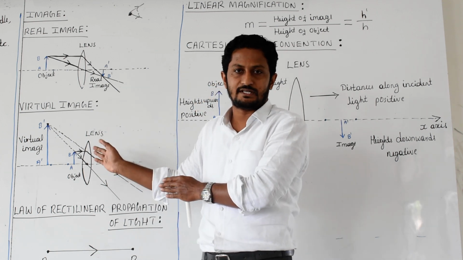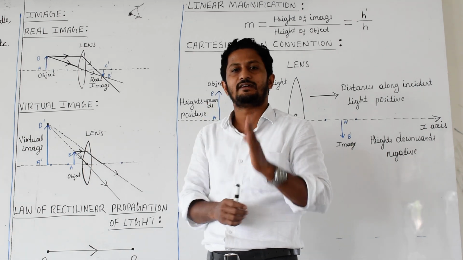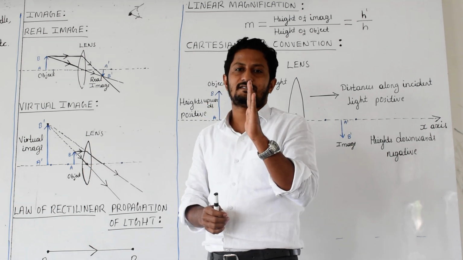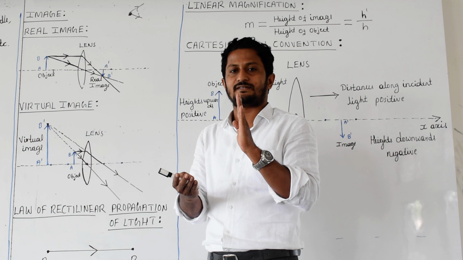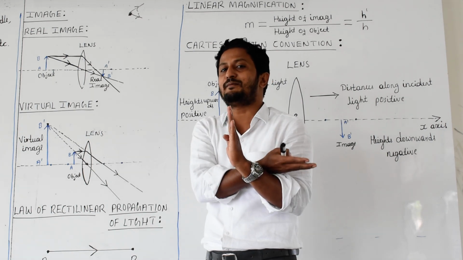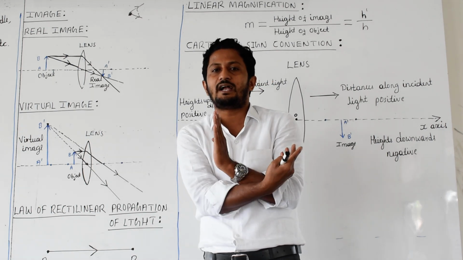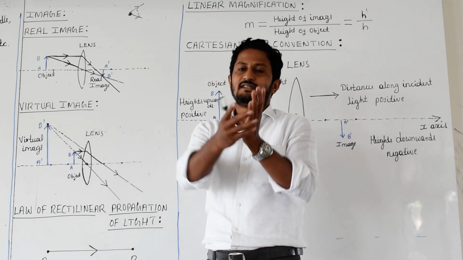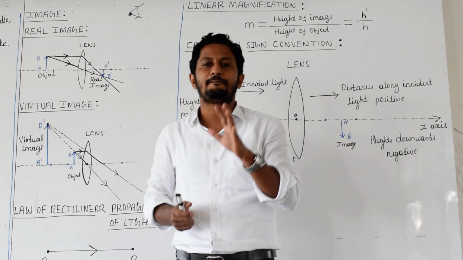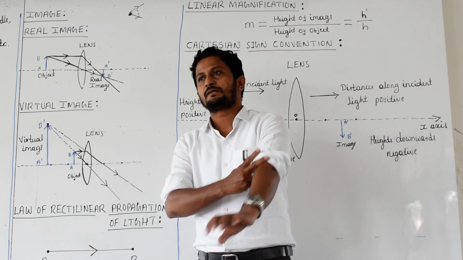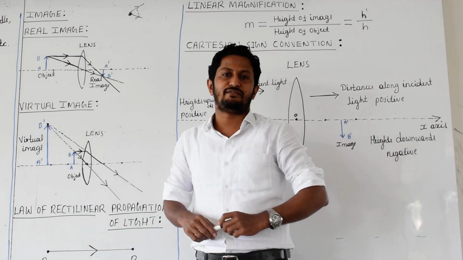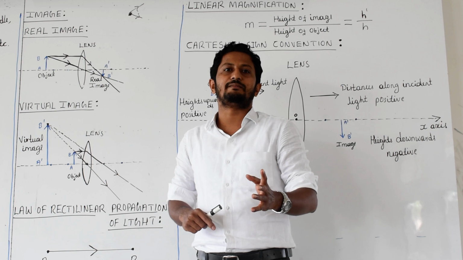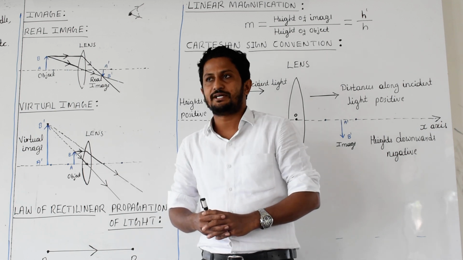Have you understood this? Similarly, in the plane mirror case, you see your image behind the mirror. As you go behind, you will not get anything, but you can see it. Such images are called virtual images. There is a main difference between a real image and a virtual image.